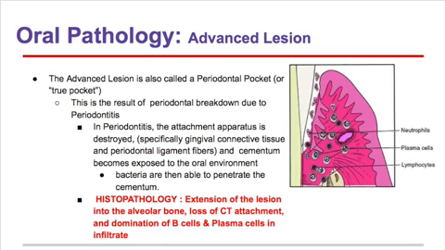Bacteria are then able to penetrate the cementum. Histopathology involves the extension of the lesion into the alveolar bone, loss of connective tissue attachment, and the domination of B cells and plasma cells in the infiltrate.